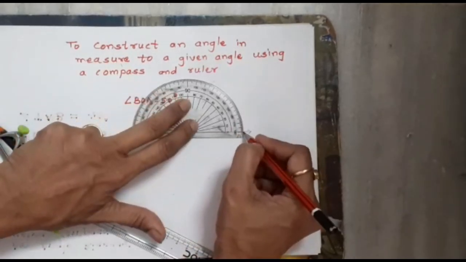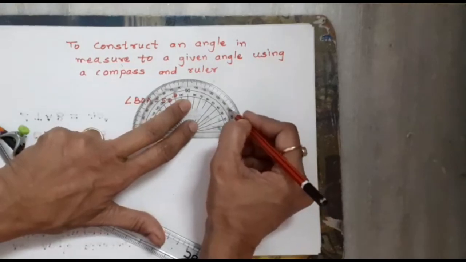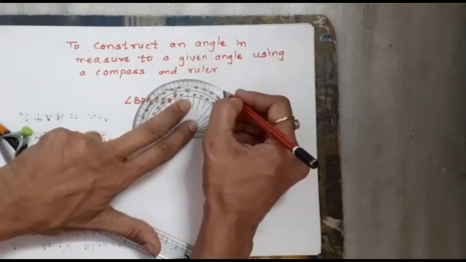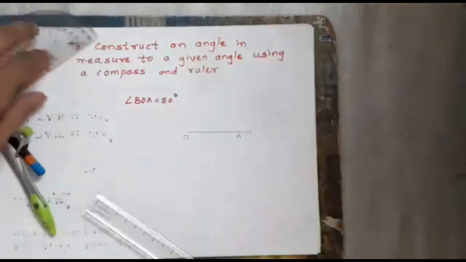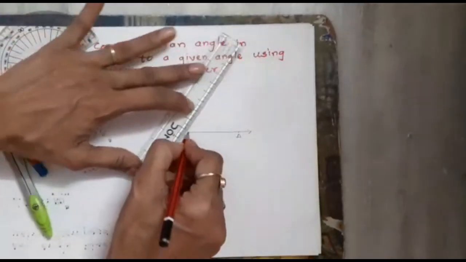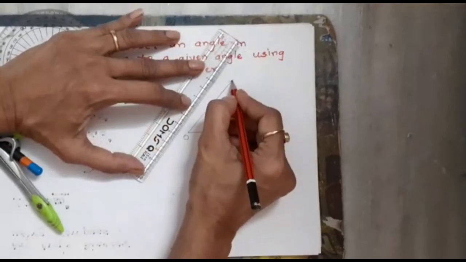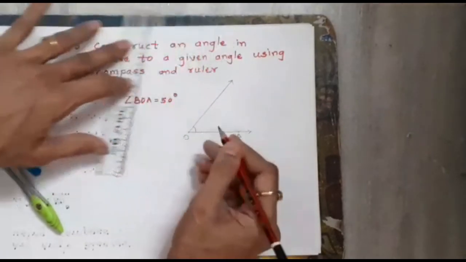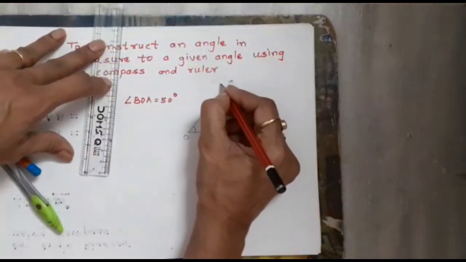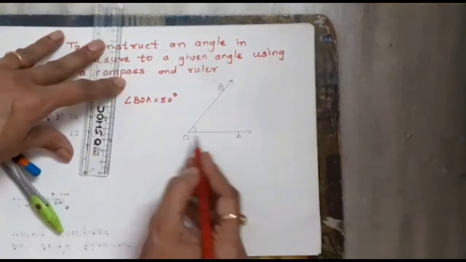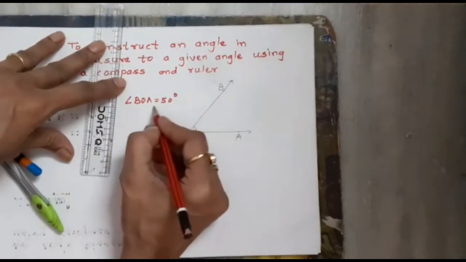Starting from this 0, 10, 20, 30, 40 and 50. Now join this O and this point. So this is the angle, and I will give it the name B, angle BOA of 50 degrees.